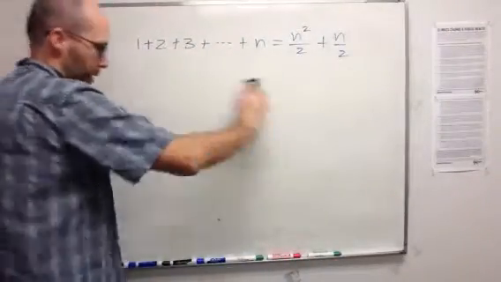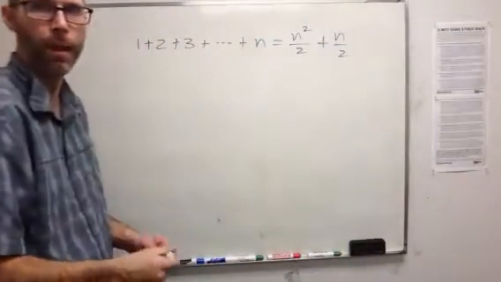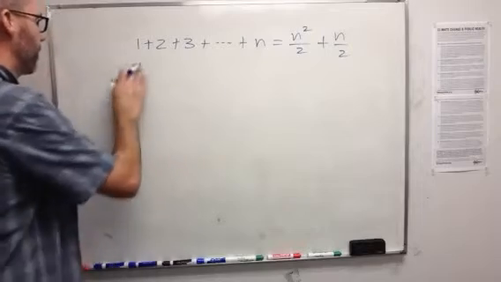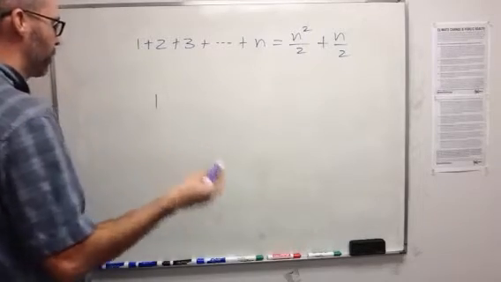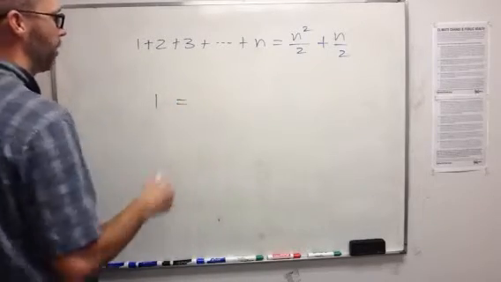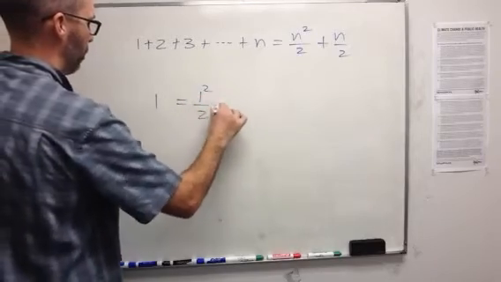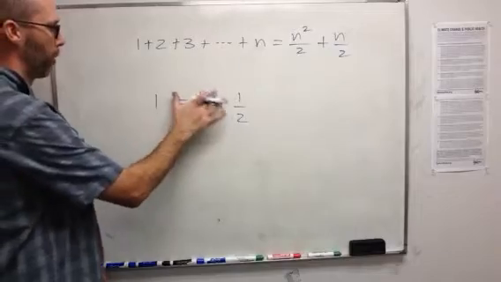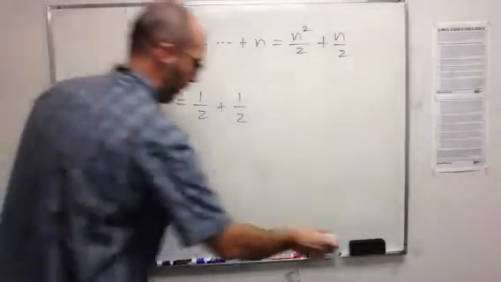Once you understand what this notation means, everything will be fine. So what this is saying is, if n equals 1, you have 1 is equal to 1 squared over 2 plus 1 over 2. You can see that this is true because 1 squared is 1, 1/2 plus 1/2 is 1.